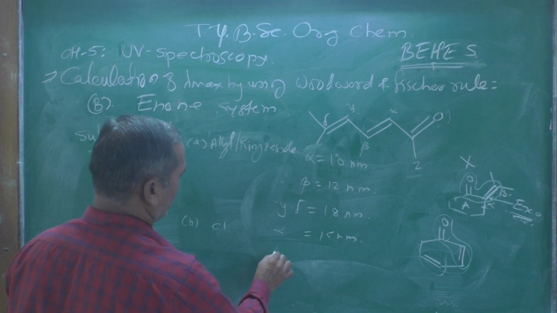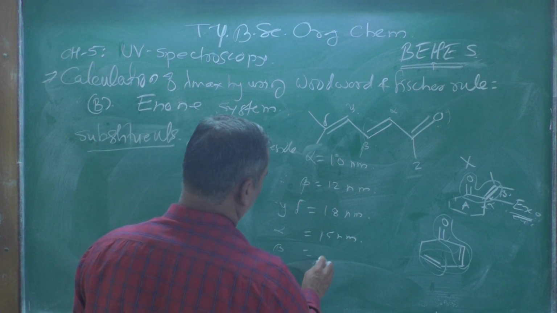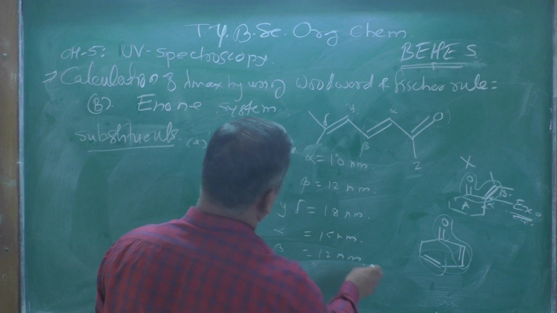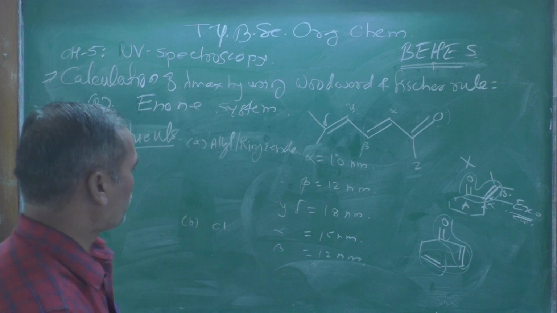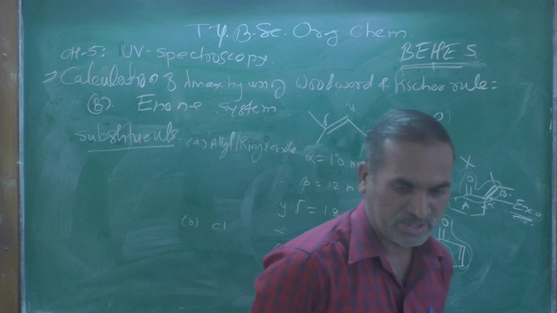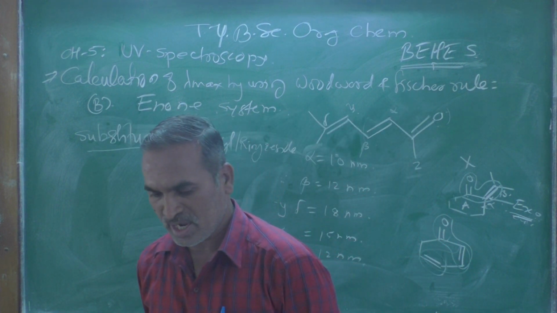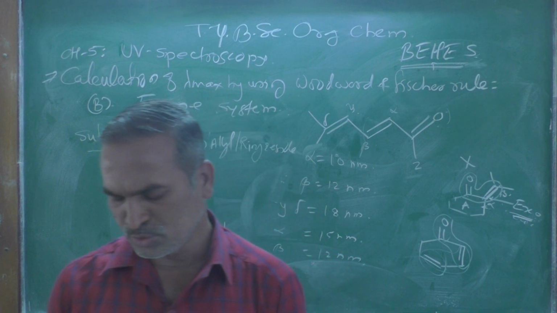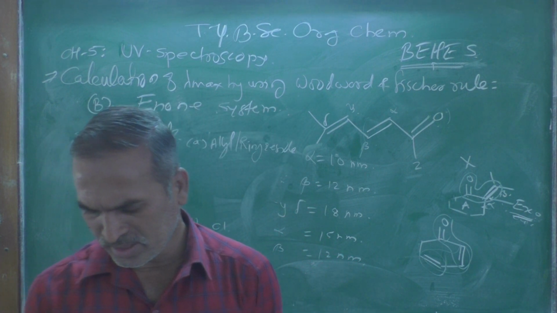If it is present at the beta position, you should add 12 nanometer to it.